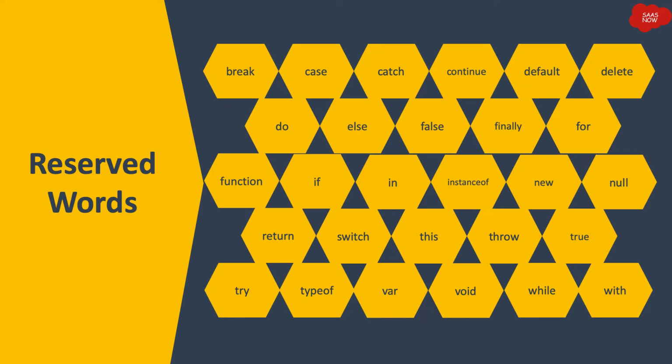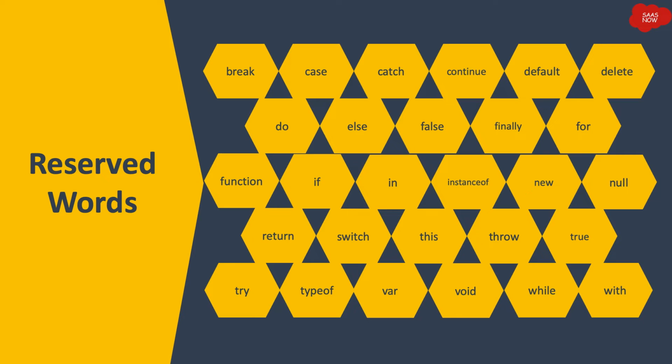Those words are break, case, catch, continue, default, delete, do, else, false, finally, for, function, if, in, instanceof, new, null, return, switch, this, throw, true, try, typeof, var, and that's the one which you will always use while doing scripting in ServiceNow, void, while, and the last one is with. So these are reserved words, and you don't have to use these words in labels, variables.